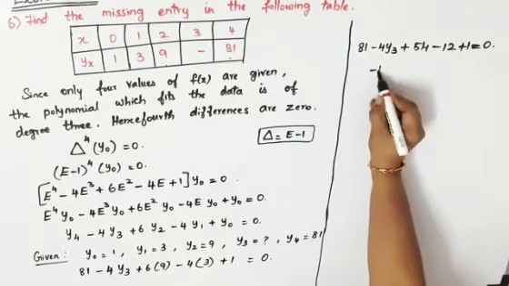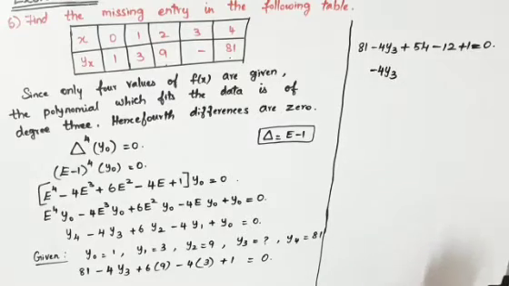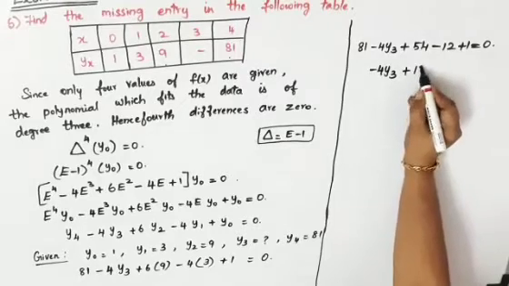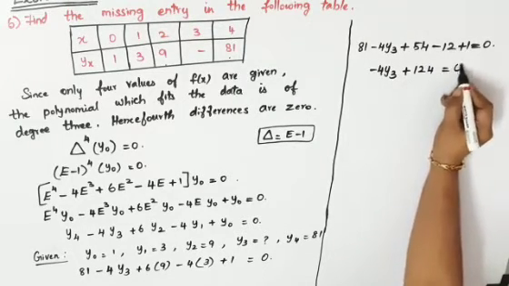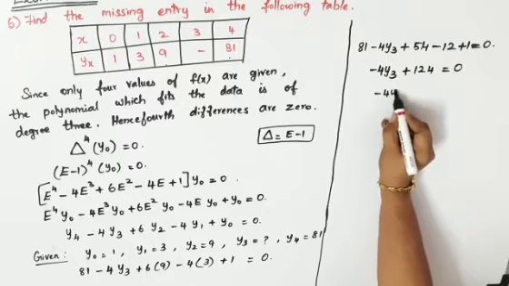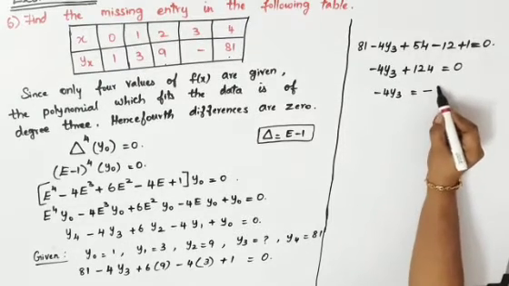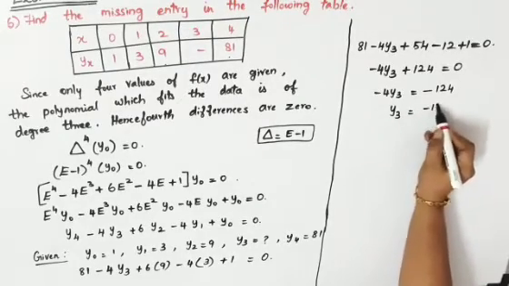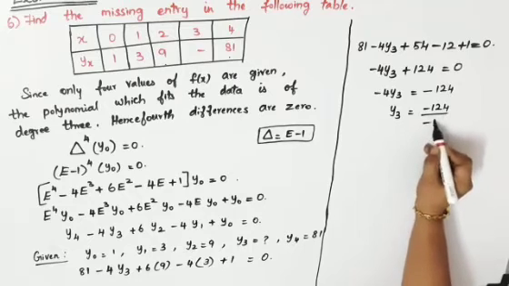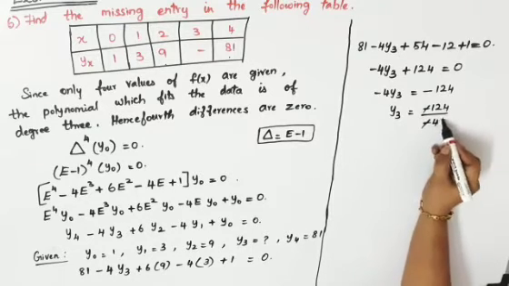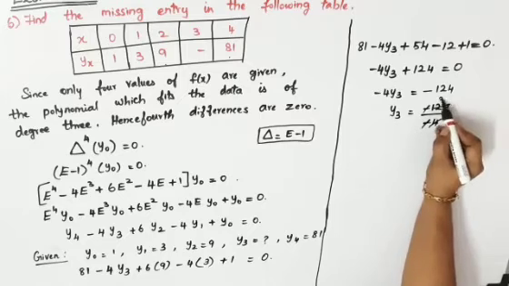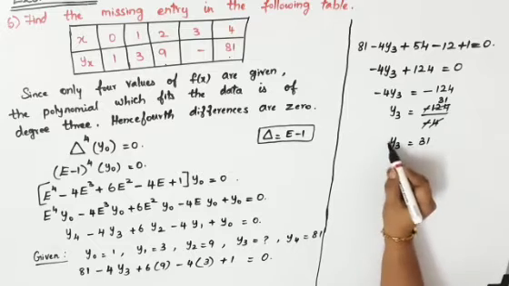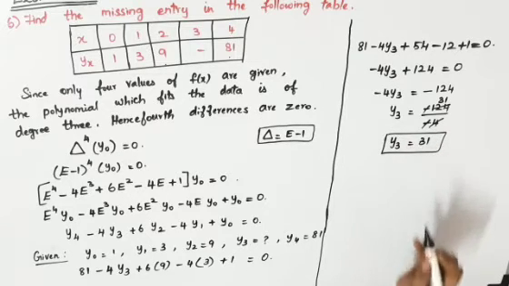Now solving, minus 4y3 you keep as it is. The other things you solve, you will get plus 124, which is equal to 0. Then minus 4y3 is equal to minus 124. So y3 is equal to minus 124 divided by minus 4. Cancel the minus signs; 4 into 31 is 124. So y3 is equal to 31. This is the answer for y3, and that is your missing term.